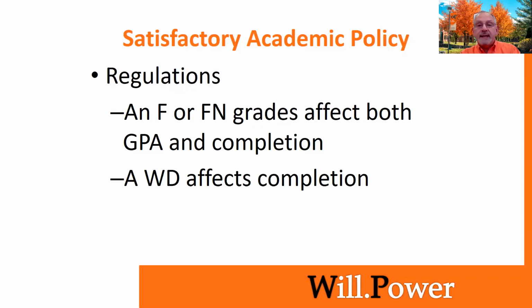It might be in week 10 or 11 or 12, and you just stop attending for whatever reason, and you are given an FN grade at that point. Both have negative effects on your GPA and your completion rate. A withdrawal grade only affects your completion rate, but not your GPA.